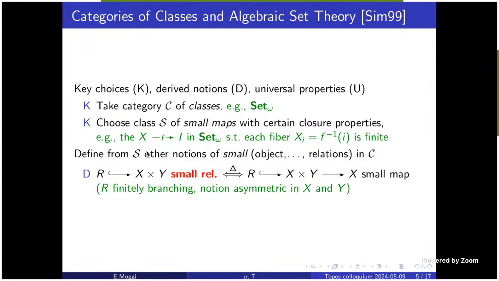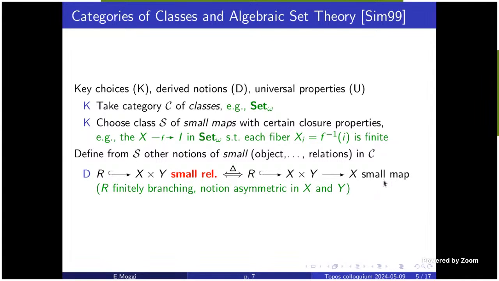And now we can recover the finite powerset functor as a classifier of small maps, or sorry, of small relations. I will explain later what is a classifier for small relations, but first let me define what is a small relation. So a relation is small if, by composing it with the first projection, we get a small map.